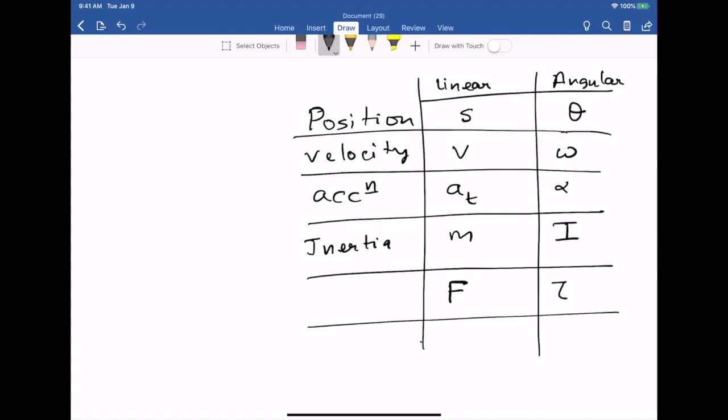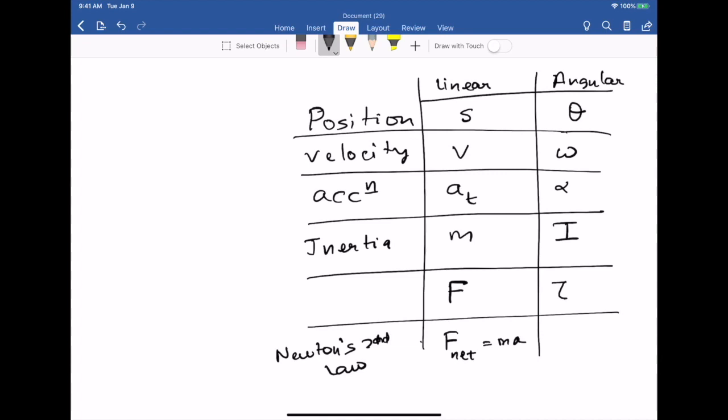Newton's second law in the linear world is given by net force equals mass times acceleration. In the angular world, what do you think the corresponding equation would be?